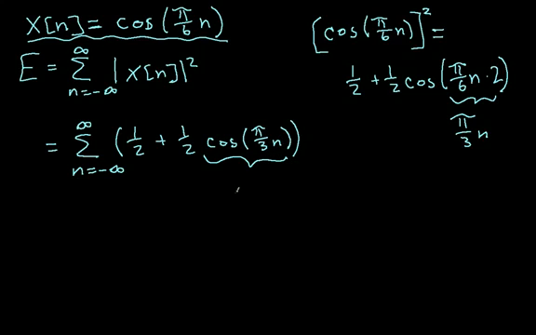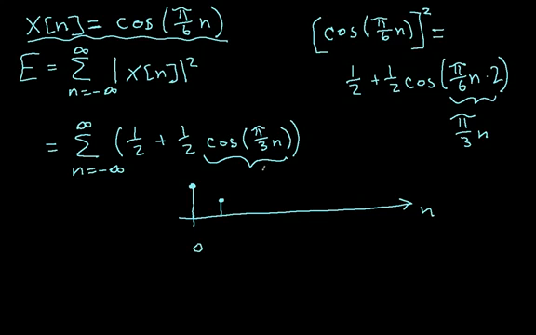If I were to graph this as a function of n, when n is 0, this cosine has a value of 1. When n is 1, I have the cosine of pi over 3, which, if I remember correctly, is something less than 1.